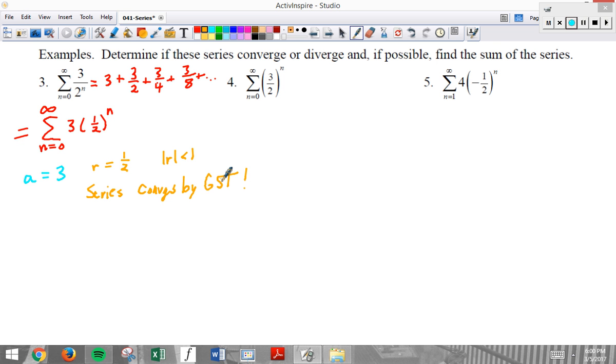You're going to need to know whether series converge or not. That's really a huge idea. Where does it converge to? Find the sum of the series. The sum is equal to the first term over 1 minus r.